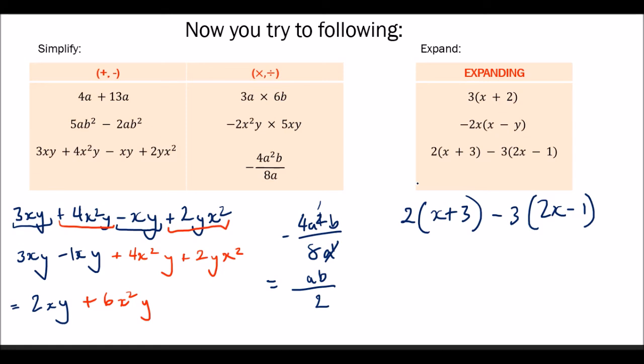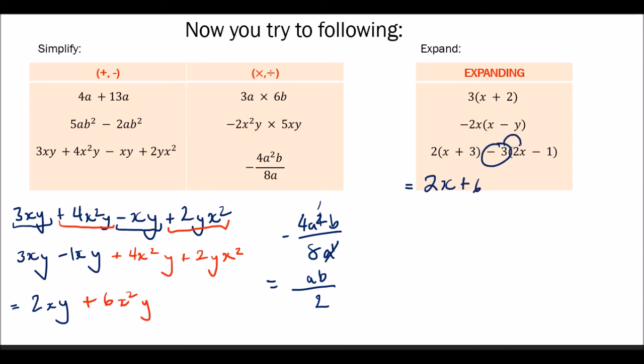I might rub this off and just use it as is because I might need the space. So for this one, 2 times x, a number on the outside with a number on the inside, so you've got 2x, and then 2 times 3 is 6. Negative 3 times 2 is negative 6.